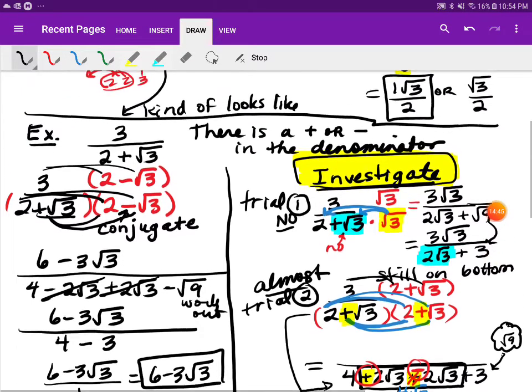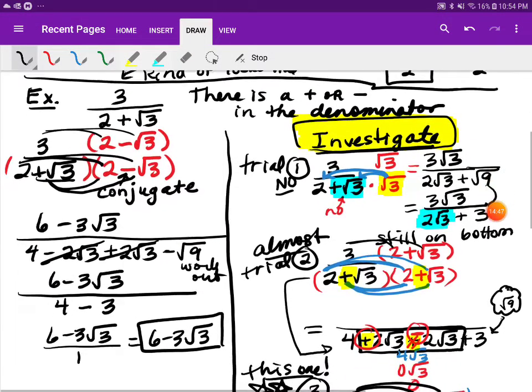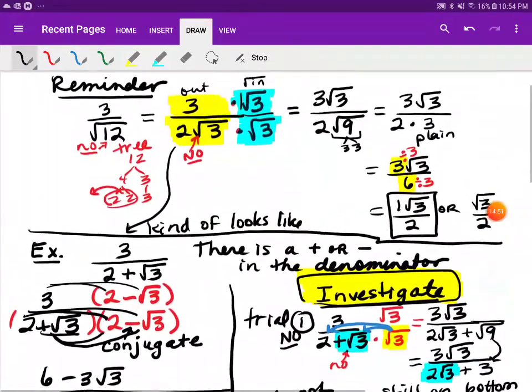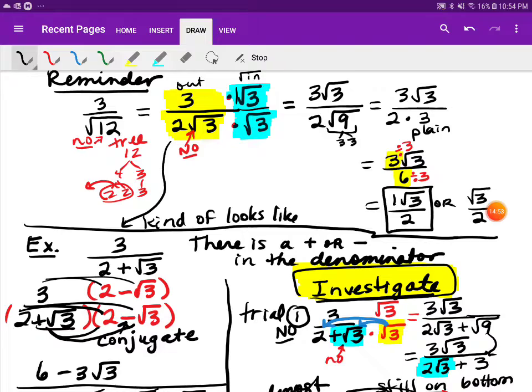So let's go back up and look at this again. You might need to pause so you can finish writing if I'm writing too fast. Okay, but if you go back up here, notice in the one up here, there's nothing between the 2 and the rad 3. This one down here, the blue plus, is a plus sign. So this is still called rationalizing the denominator.